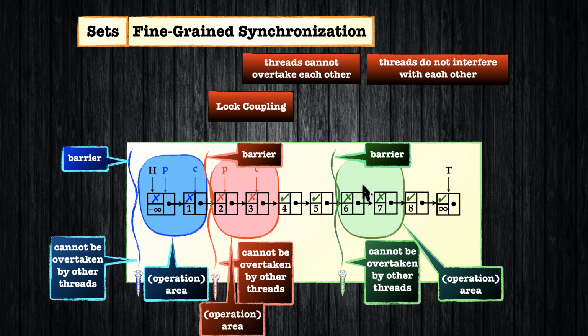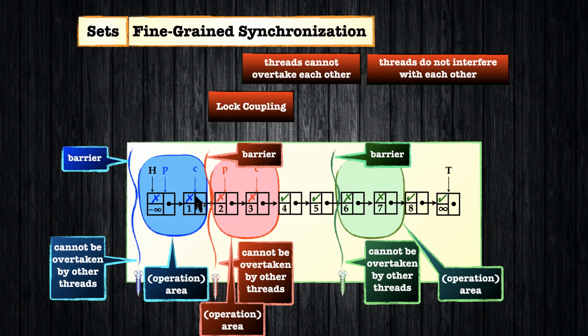So the idea with optimistic synchronization is not to lock the cells at all in the beginning. Don't lock the cells, but once you find the correct position in which you want to operate, once you have identified the cells in which you want to operate, then you lock them.